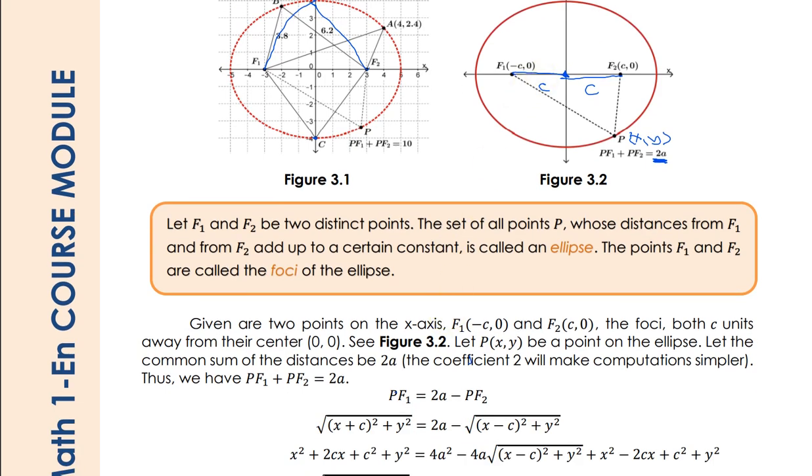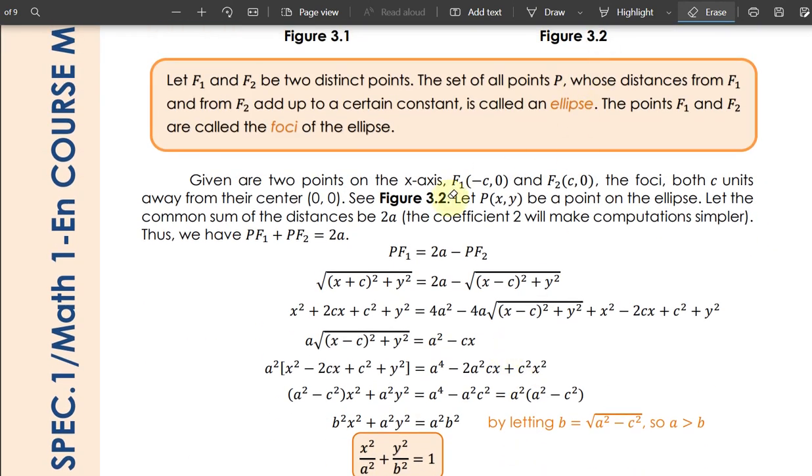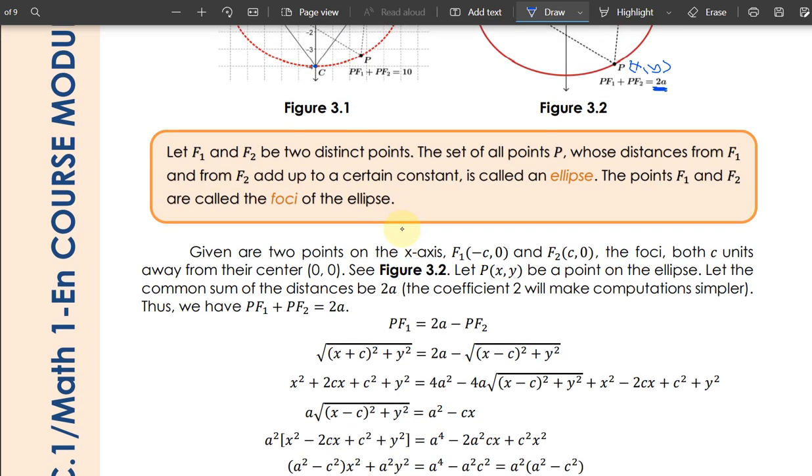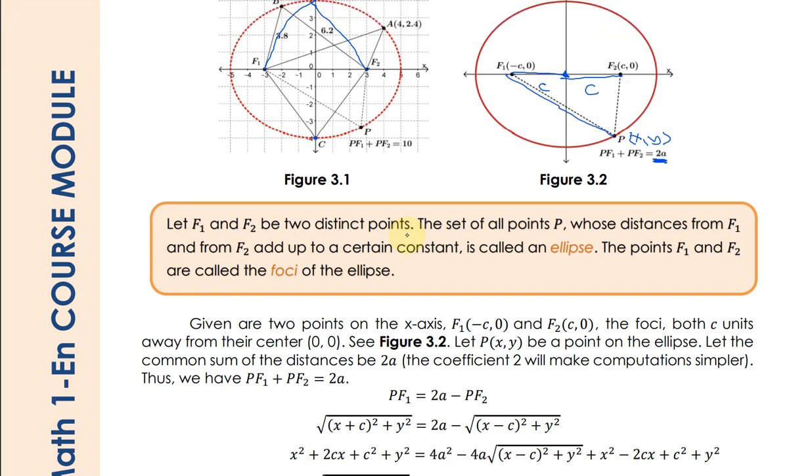So we have the formula for the distance between two points, from point P to F1 and from point P to F2. When we add them, we have 2a.